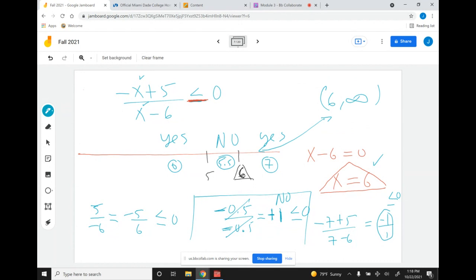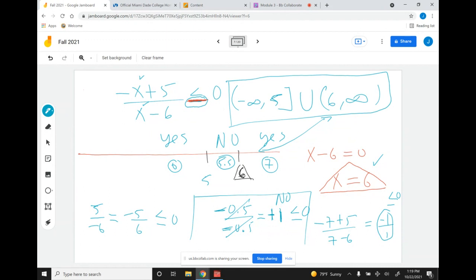There's a gap there, so we use union. Now this 5, that's a critical number, and it's going to have a bracket for 2 reasons: because it comes from the numerator and it has this. So it will be from negative infinity, comma, 5 bracket. That will be the solution of this.